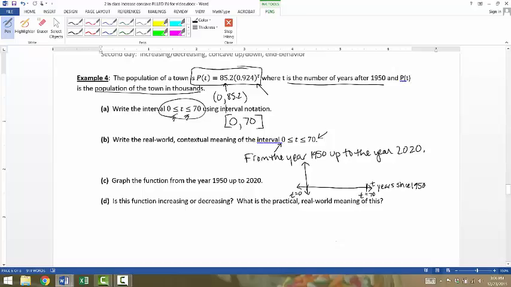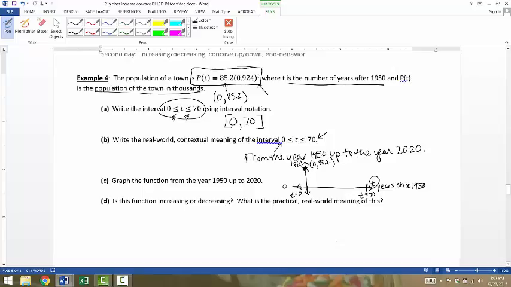I label that axis with the letter T, and I label it with the meaning of that variable T. The vertical axis is P of T, and I'm going to go ahead and graph it from a low of 0, population 0, up to the high value. I'm going to start with that y-intercept, 0, 85.2.